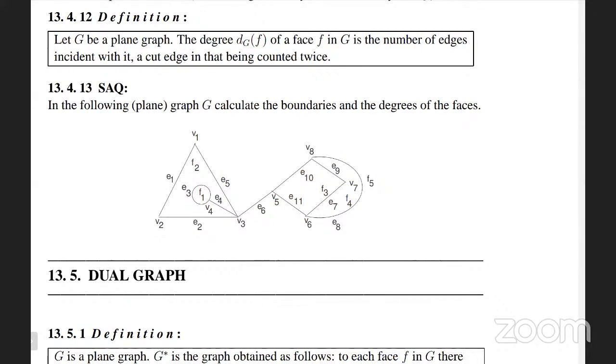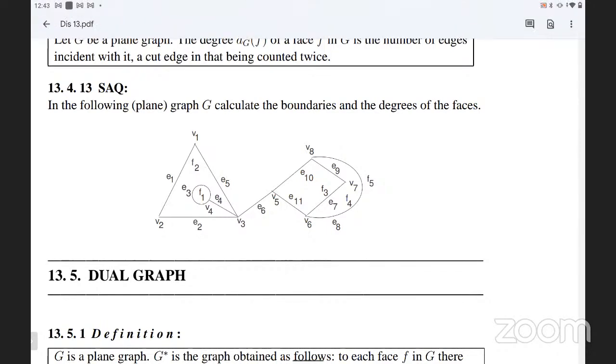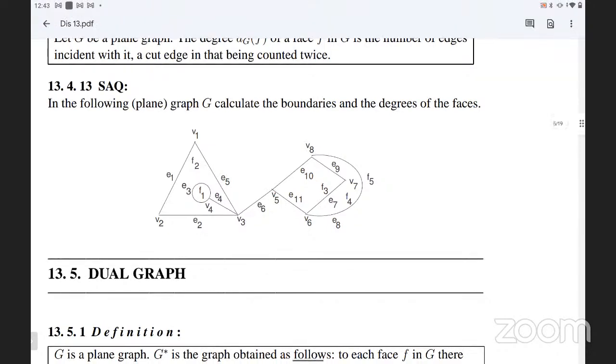Bounded regions and unbounded regions will be there. Now the question asks to calculate the boundaries and the degrees of the faces. So F1, F2, F3 and so on are the faces whose boundaries, incidences and degrees I want to identify. Example 13.4.3.